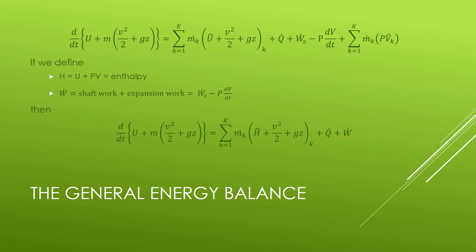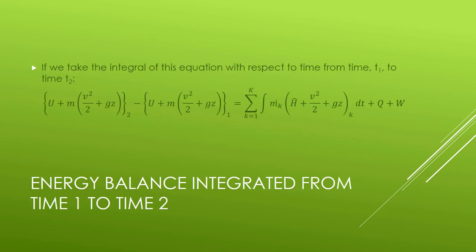And this is an equation that I think most people have seen a few times. Typically, though, the derivative is distressing to work with, and so often we integrate this with respect to time. Now, if we do this, integrating from time t1 to time t2, then we end up with this form. So we just have the change of what happened inside from the final time minus the beginning time.